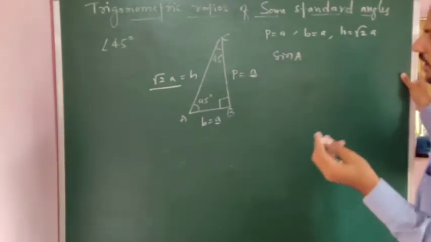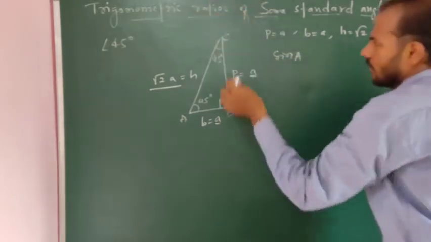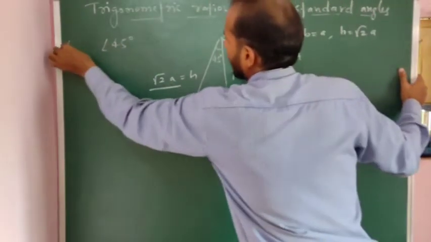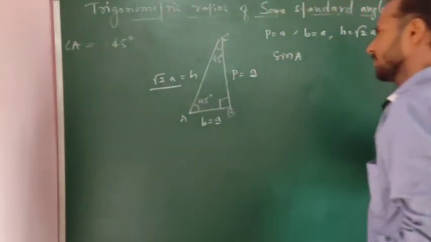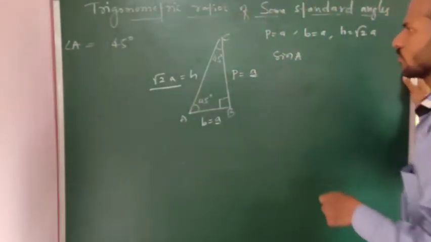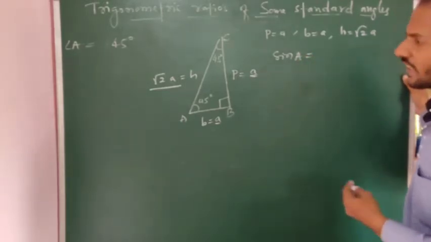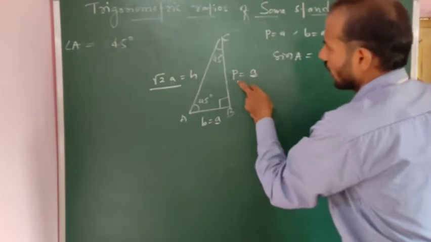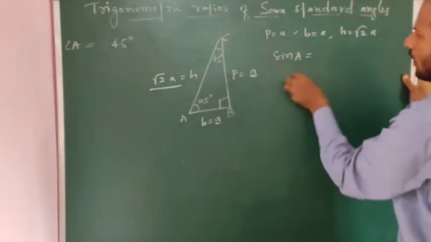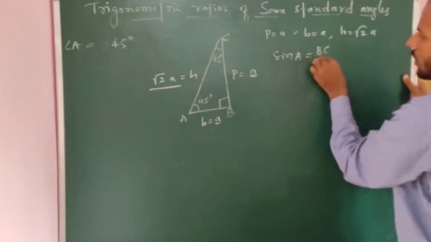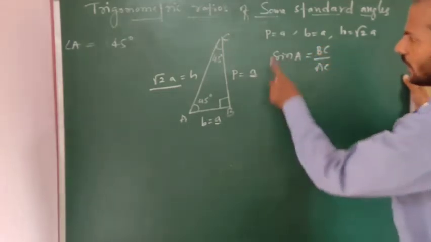Now sine angle A, or we can say sine 45 degree also. We are finding angle A, it is 45 degree. Now sine A equals what? What is the ratio of sine A? Perpendicular by hypotenuse, means BC by AC.